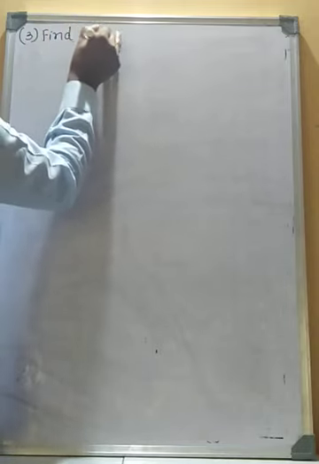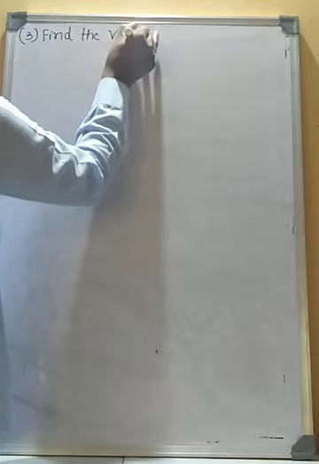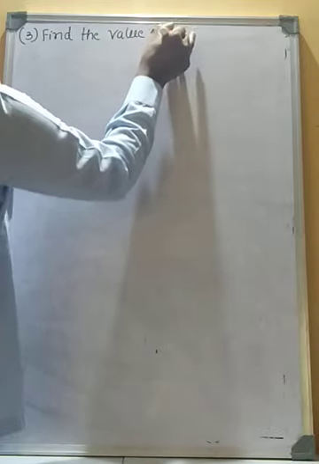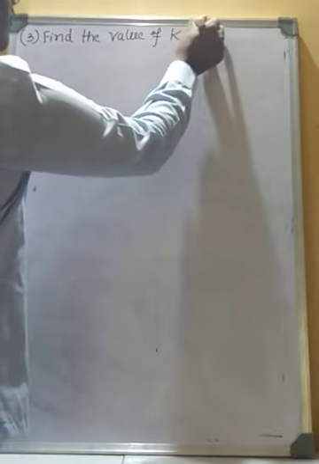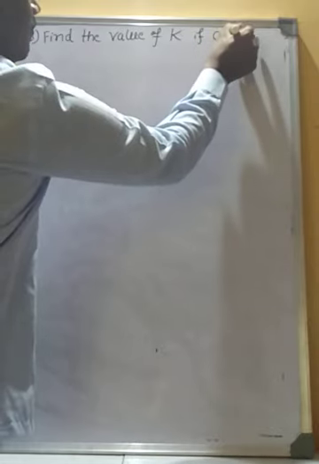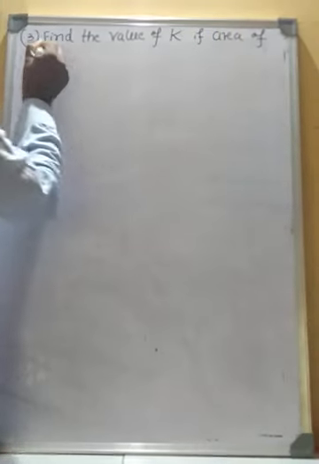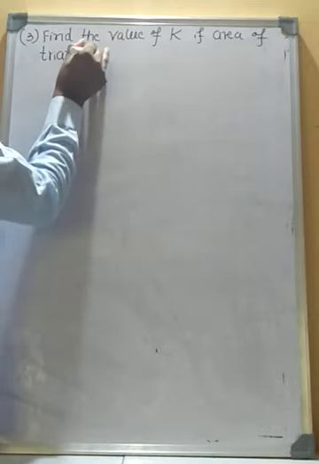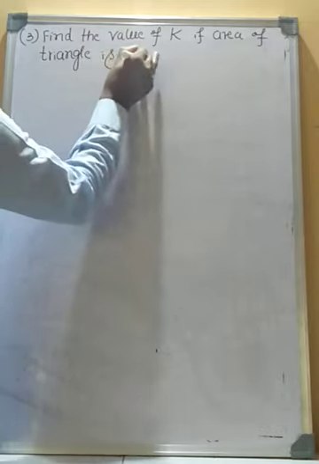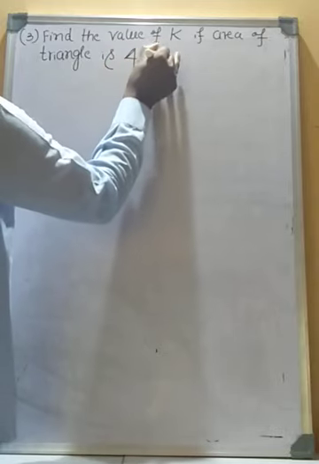Example 3: find the value of K if the area of the triangle is 4 square units.